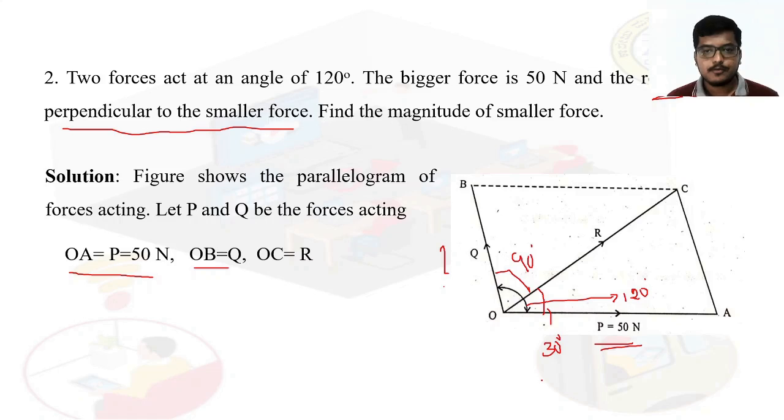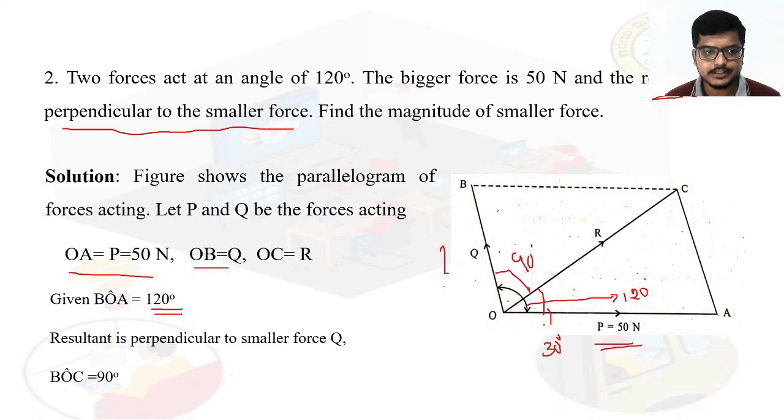Now we write the given: angle BOA is 120 degree. It is given; I am not finding anything. The resultant is perpendicular to the smaller force, so according to this condition, angle BOC is 90 degree. This is also given.